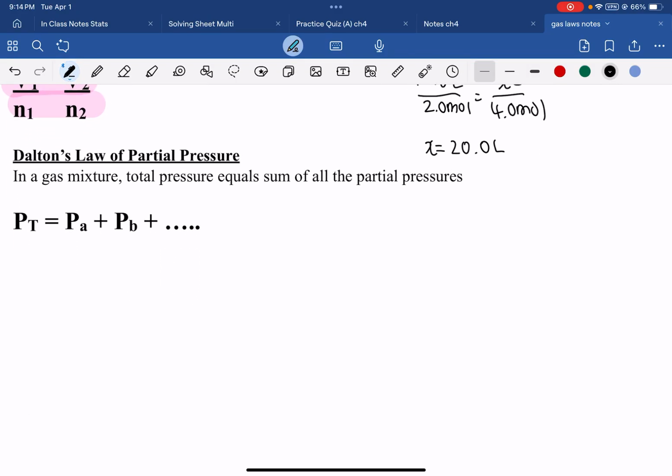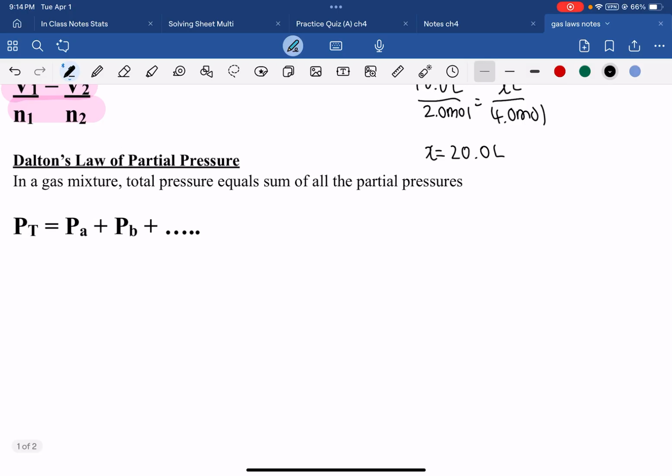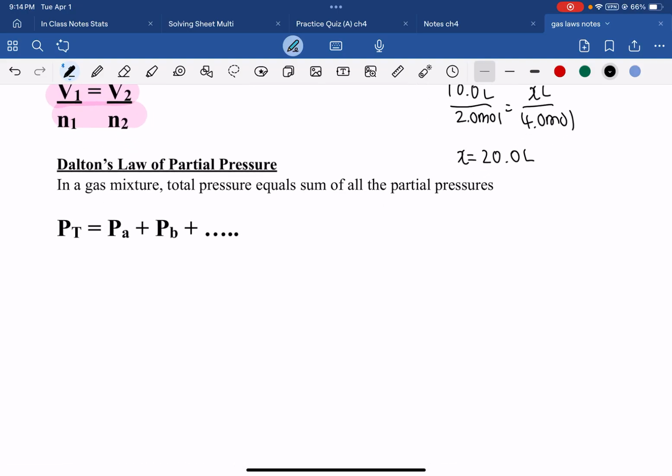And lastly, Dalton's law of partial pressures states that the total pressure of a gas mixture is the sum of the partial pressures of its components. So this basically means that if you have a mixture of gases, for example, the air we breathe has different types of gases. Let's say, for example, it has O2 and N2.